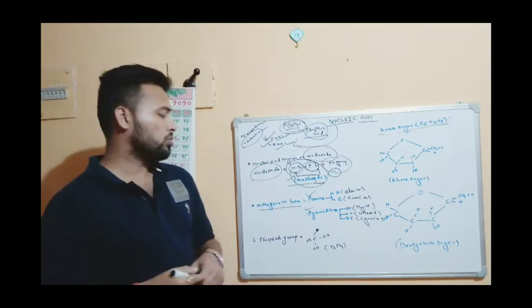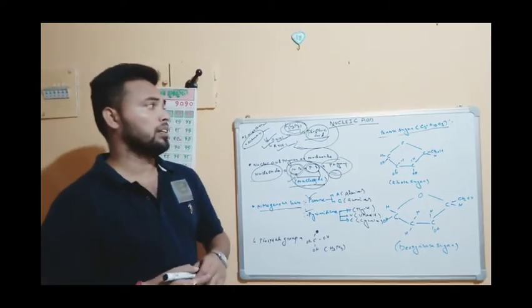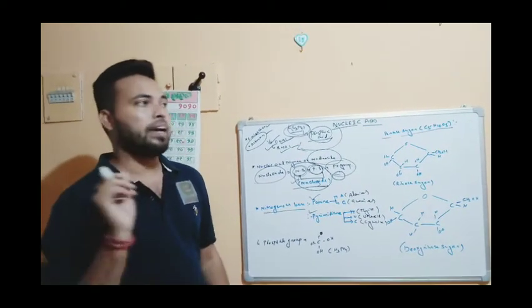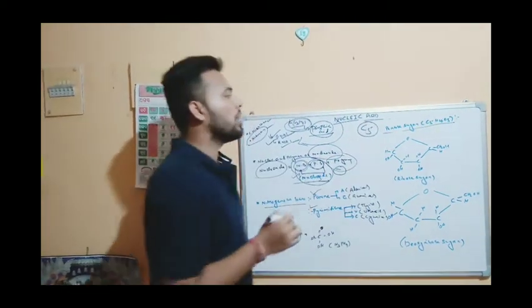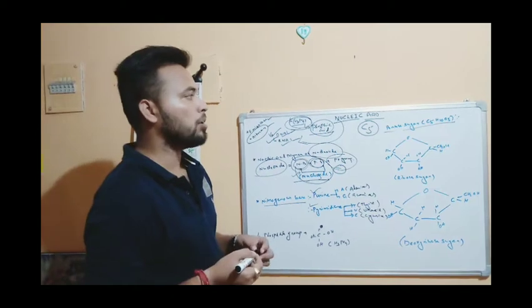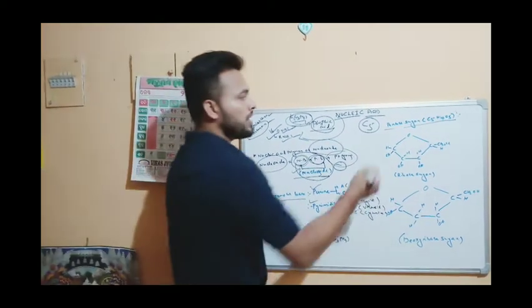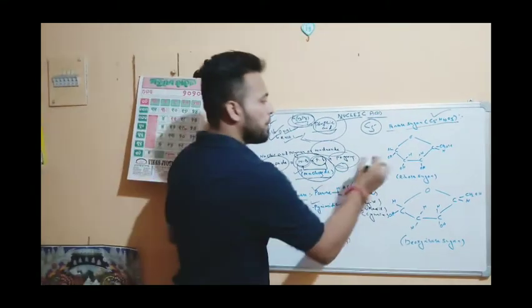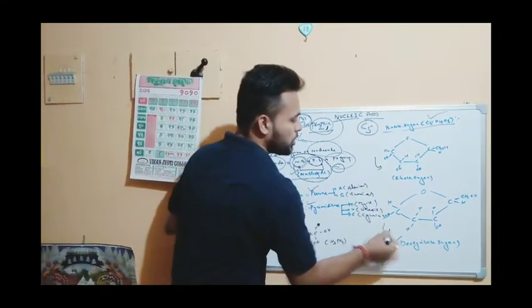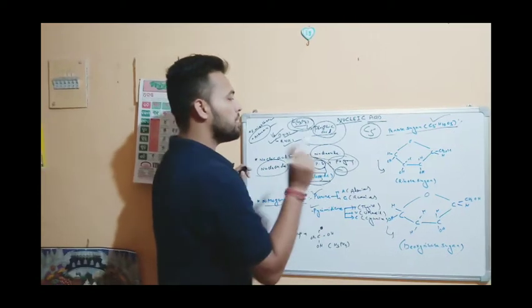Next, let's move on to the pentose sugar. What is pentose sugar? Pentose sugar is a sugar which contains a 5-carbon compound. The formula is C5H10O5. There are mainly two types of pentose sugar: ribose sugar and deoxyribose sugar.